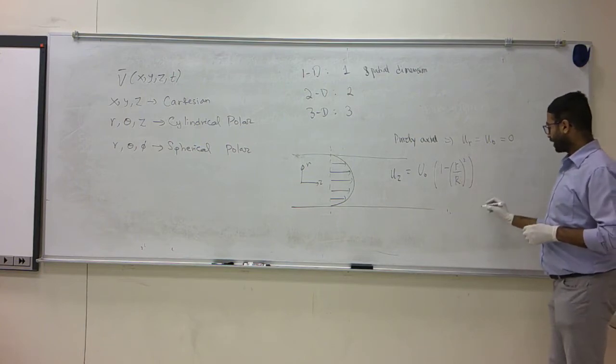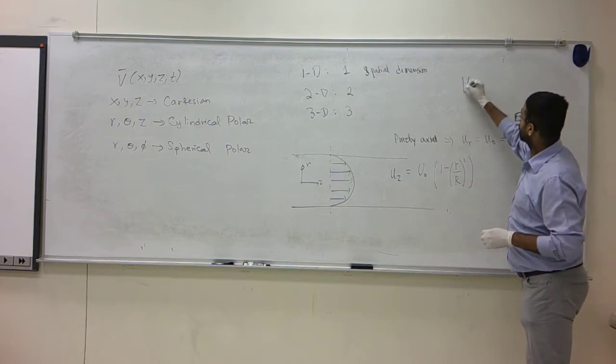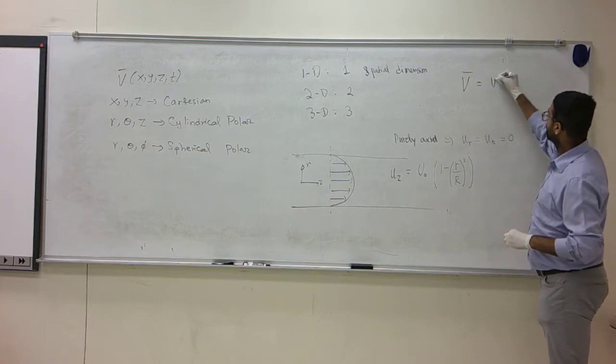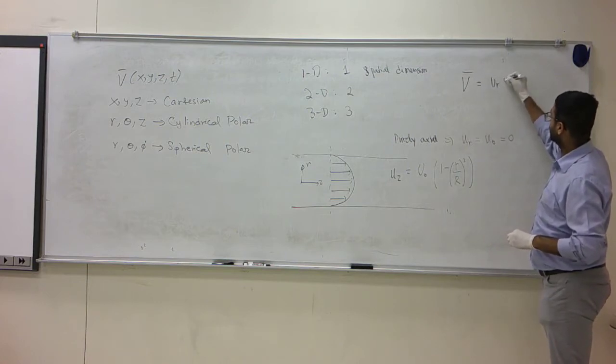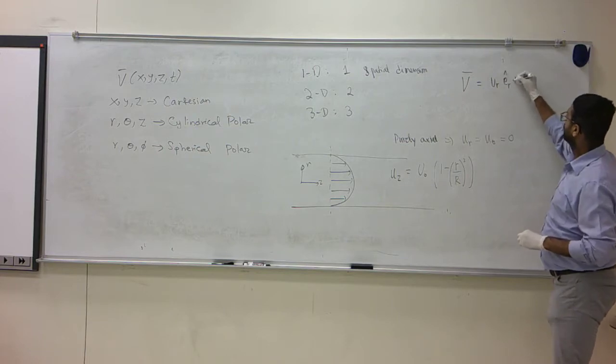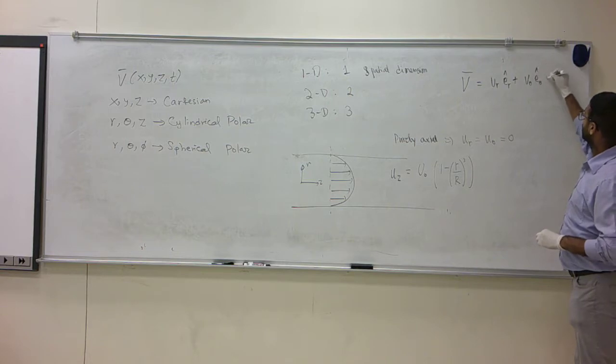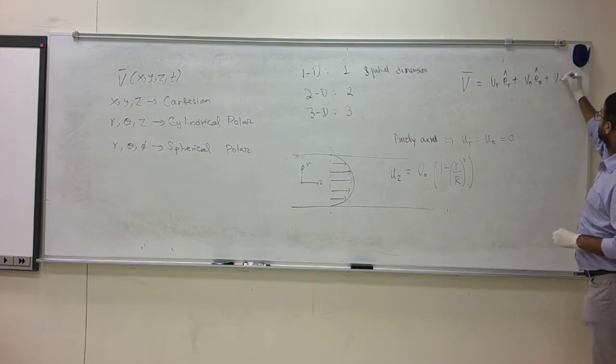So if you have to write the velocity field for this flow, this would be the velocity component along the radial direction plus the velocity component along the polar direction plus the velocity component along the axial direction.